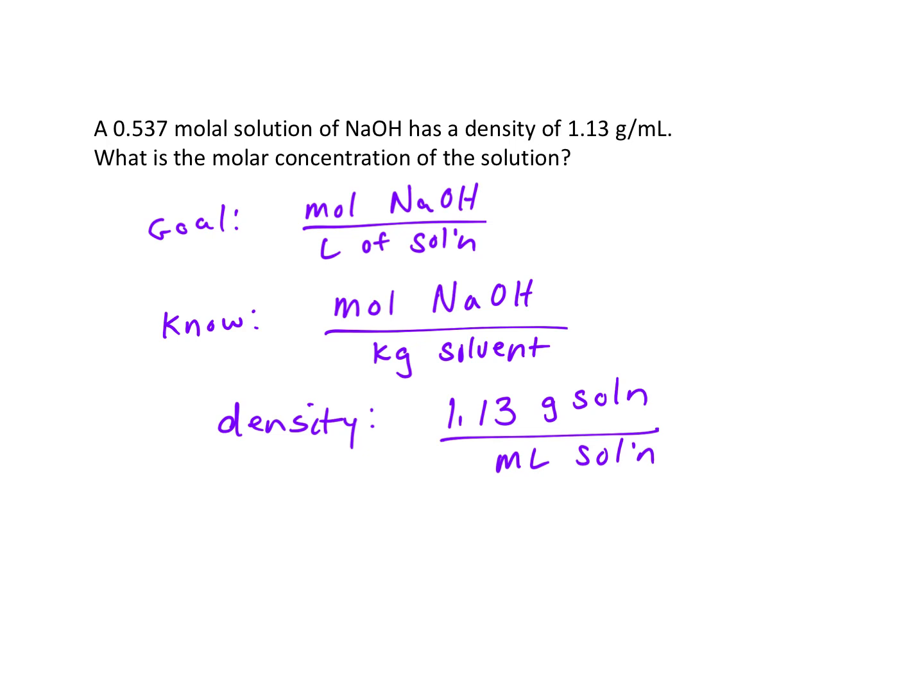I'm leaving the solution written there because that unit is going to be really important in solving these problems. So when you see density, remember it's for the solution, grams of solution per milliliter of solution. You can maybe see where we're going to go. We're going to need volume of solution. That's why it's key to remember that.